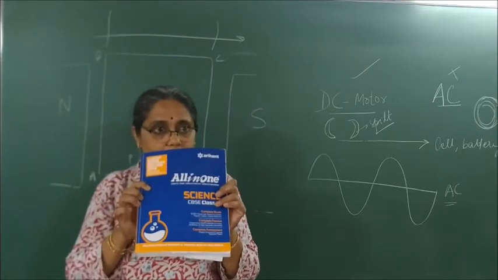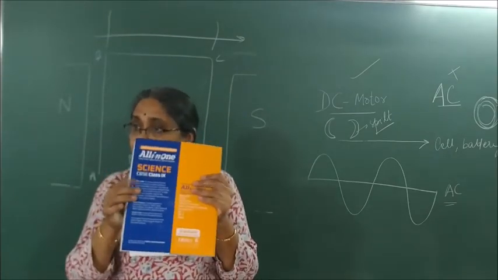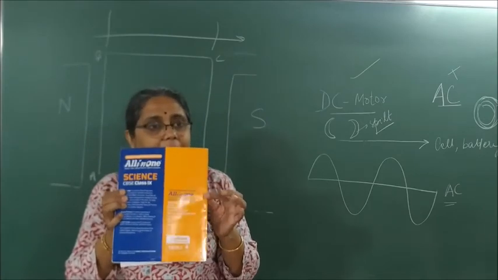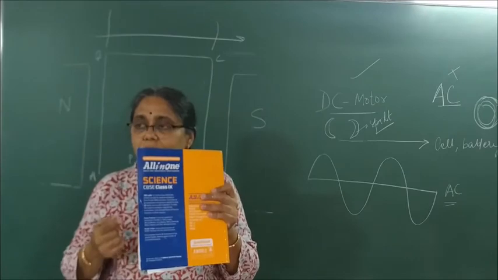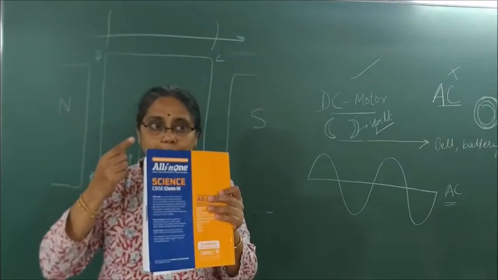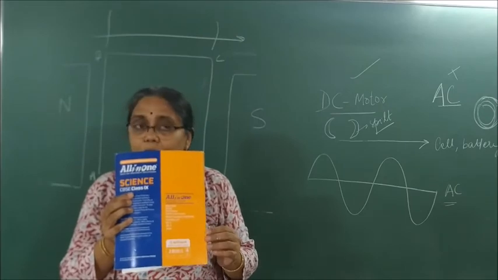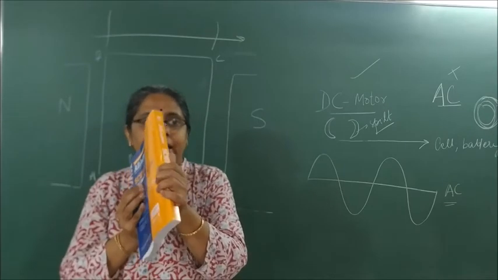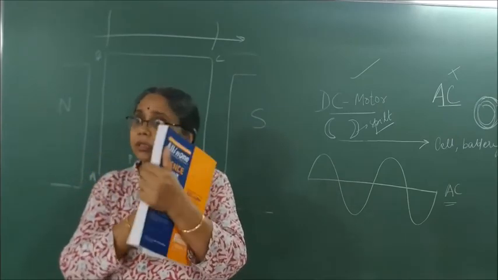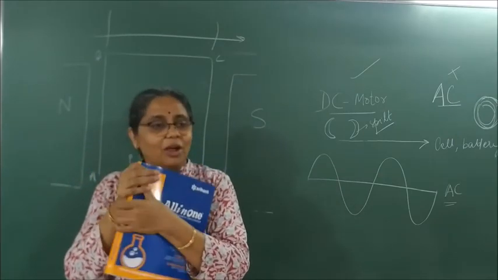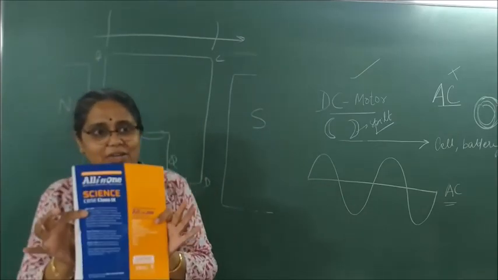Now the arm CD gets connected to P and the arm AB gets connected to Q. So now CD will have a current flowing upward and AB will have a current flowing downwards. Now AB will move up and CD will go down. And this is how it rotates. How does a motor rotate? This is how it rotates.